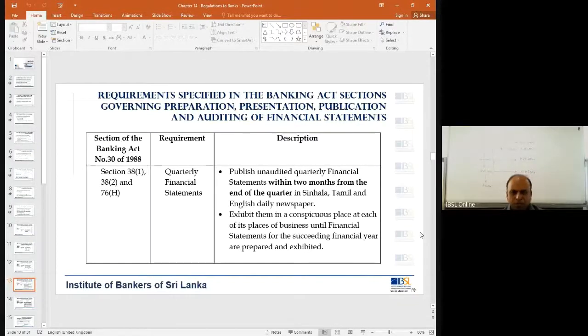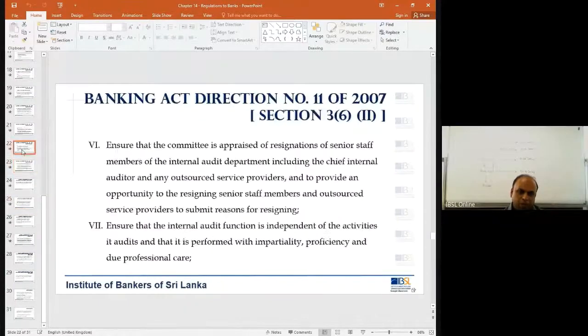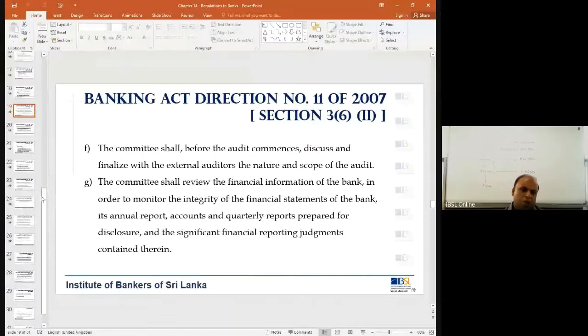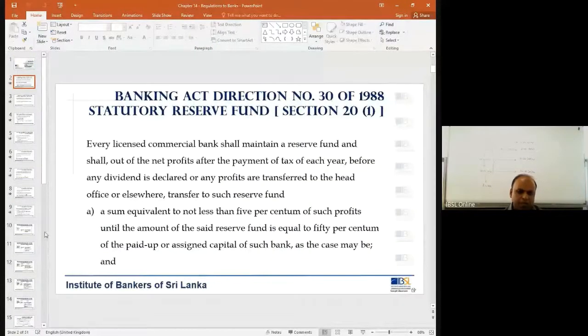So that brings us to the end of regulations to banks. I hope you can read through this material and go through the past paper questions also, and see how best you can interpret the questions to pick answers from this.